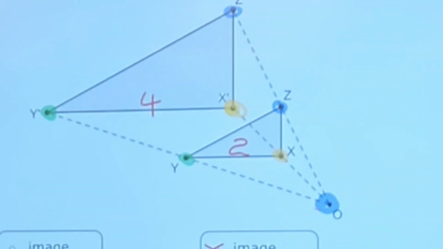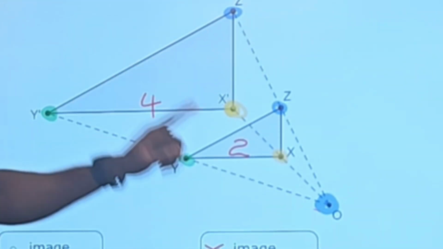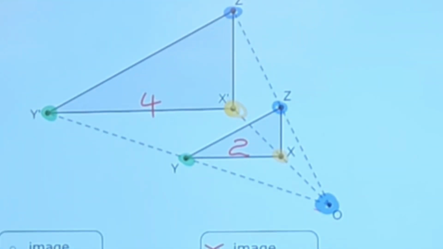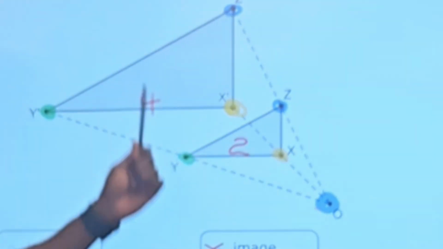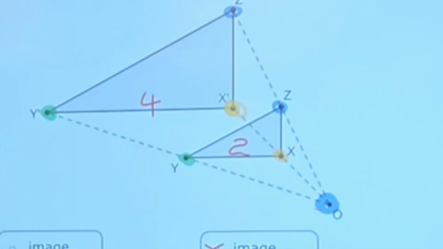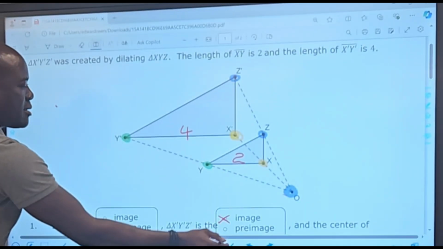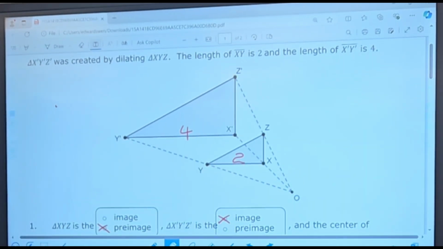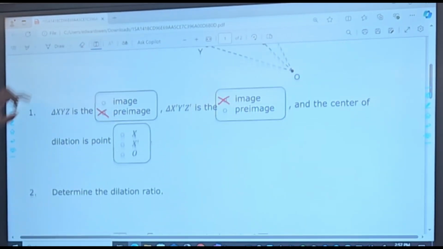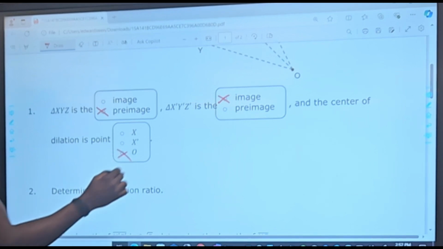All of them. This pair, and that pair, they all converge right there. So that's where the center of this dilation is. So again, if you connect a straight line through the corresponding vertices, they will converge at the center of the dilation every time, right? So it is at O. So we saw that is at O right here. So we're going to tick O for this one.